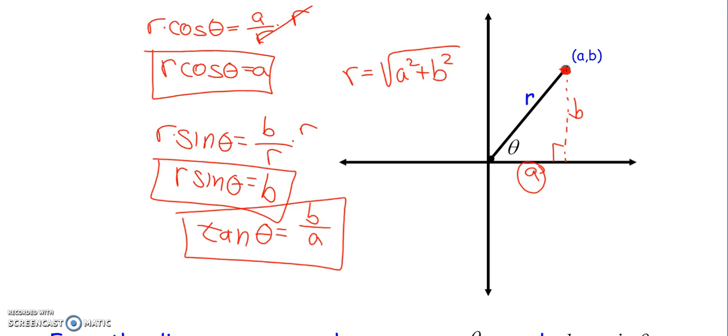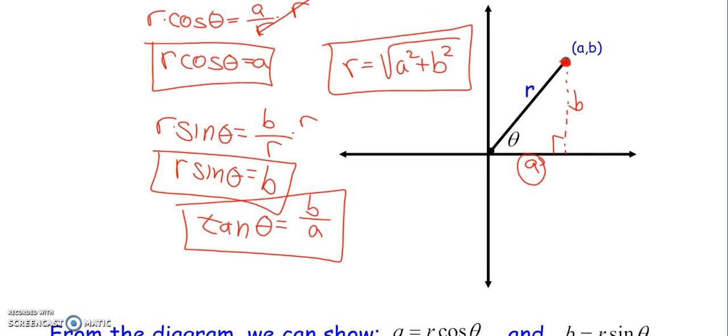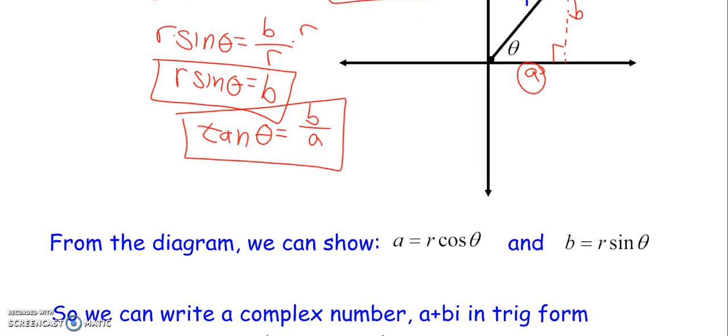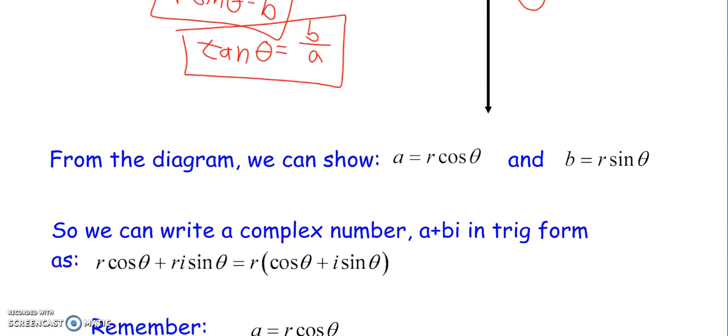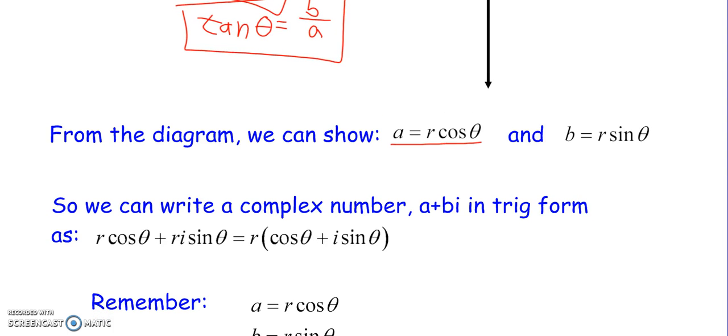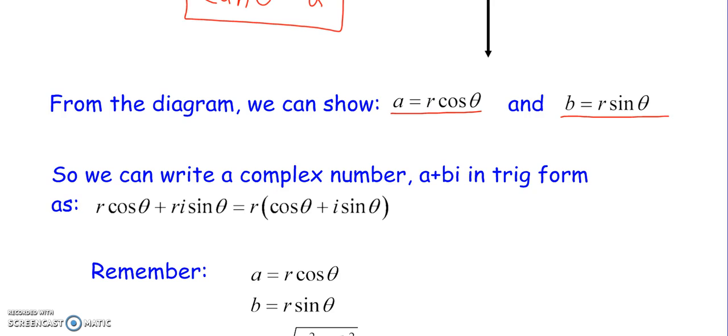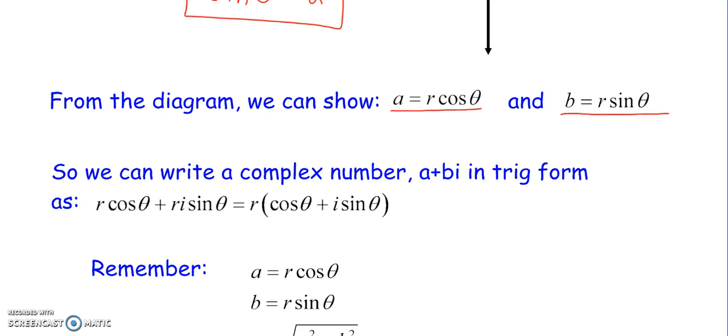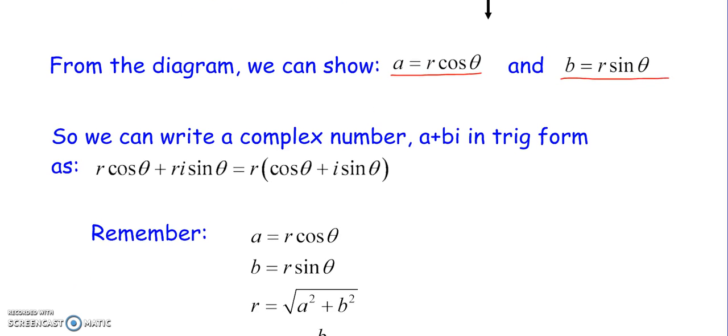These 4 relationships are really going to be the foundation of this section and going from trigonometric form to complex form. So in this diagram, I hope you can see that a is equal to r cosine theta. I would say the same thing goes for b. Those are 2 important parts. So if I know a and b, I have enough information to figure out r and theta.